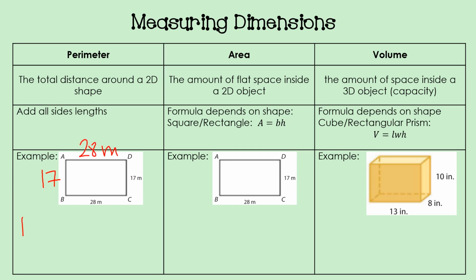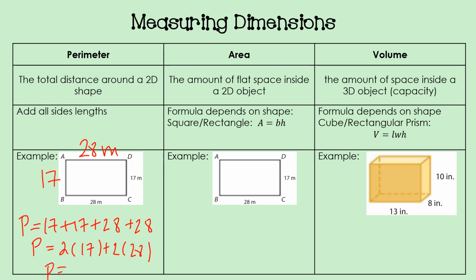So to find the perimeter, you can add 17 plus 17 plus 28 plus 28, but a really common way to shorten that is 2 times 17 plus 2 times 28. Your preference, it doesn't matter how you like to do it. So if I put those together, that will give me 90.